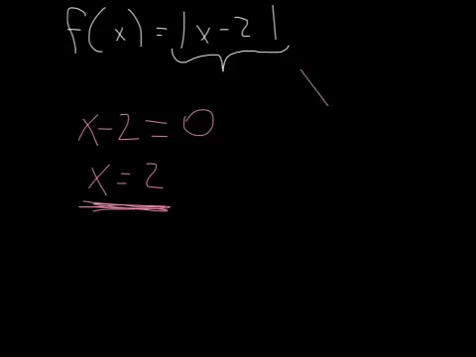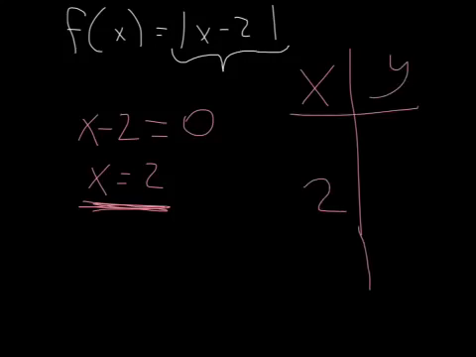So here let's give ourselves an xy chart, and 2 is going to be my middle point, and then let's pick a point on either side. So I know a point less than 2 would be 0, and a point bigger than 2 might be 4. If I solve, plugging in my x values for my y, I'm going to get a +2 here, I'm going to get 0, and then I'm going to get another 2 here.